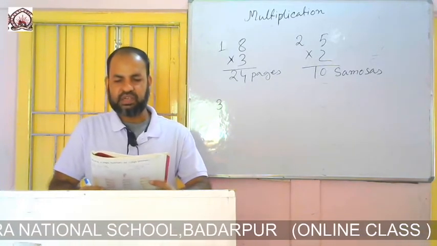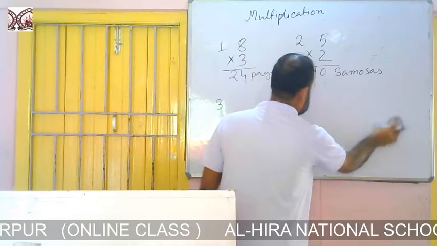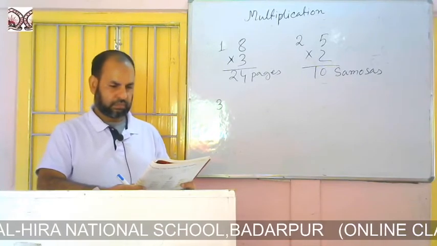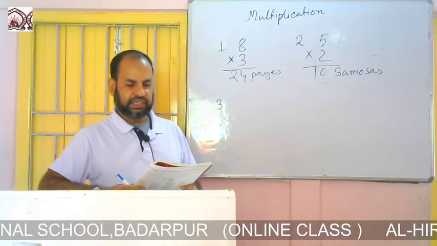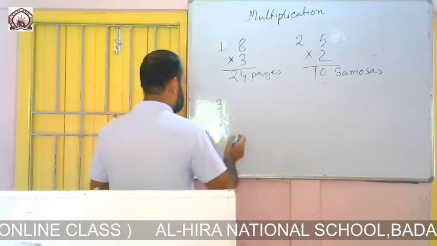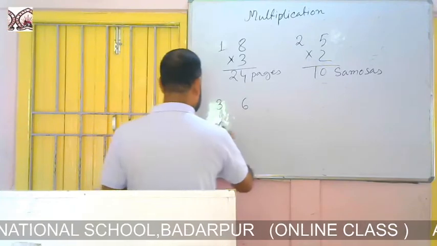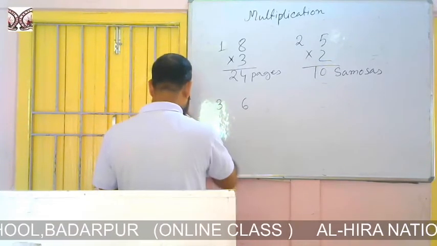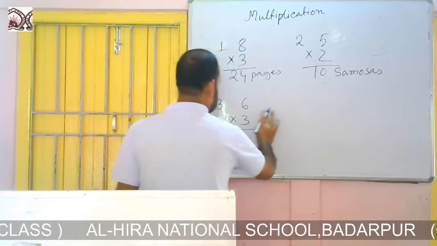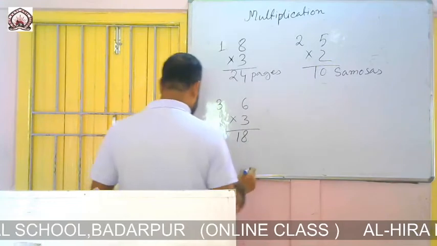Each hen lays 6 eggs in a week, and the number of hens is 3. So 3 6s are 18 eggs.